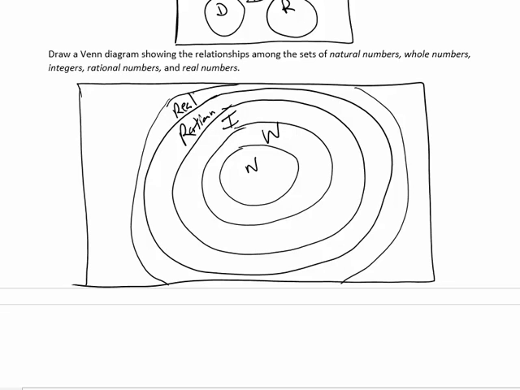Things that aren't rational will count to be underneath the umbrella of real numbers, which means there are real numbers that aren't rationals. Those are actually called irrationals. And just for kicks and giggles, it's not on the chart, but if we go outside of reals, we get something called complex. You might have seen complex dealing with i, or imaginary numbers.